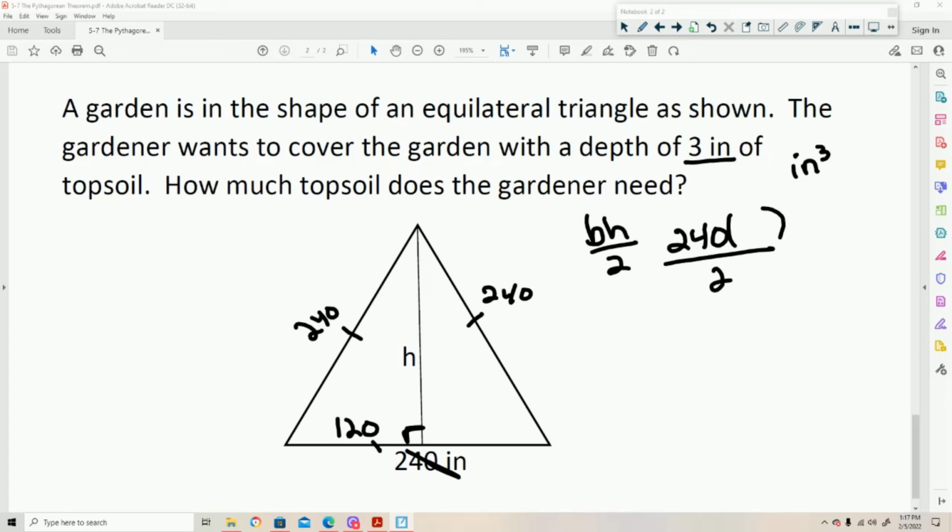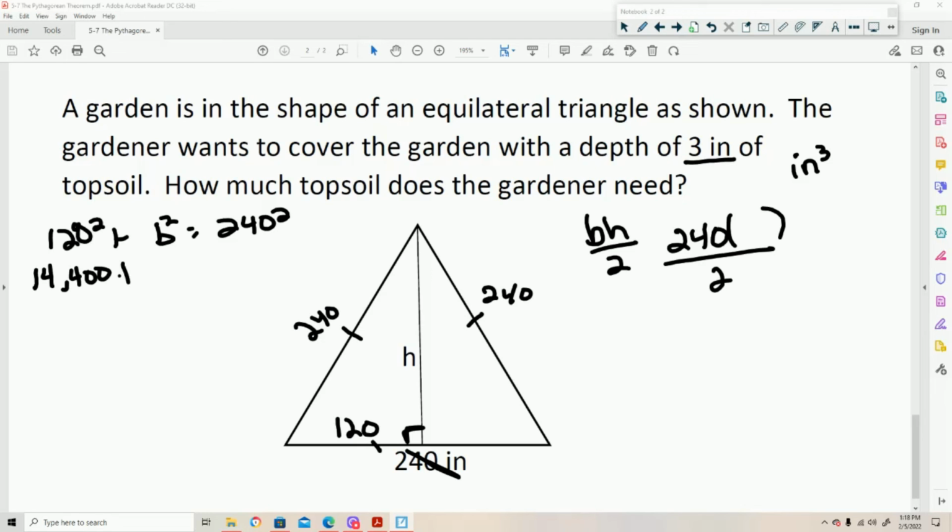We're calling this B, this is A, this is C. So 120 squared plus B squared equals 240 squared. Definitely want a calculator for this. 120 squared gives us 14,400.